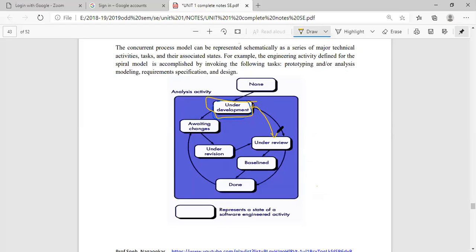It means the team leader will take that module and test it, and baseline it. It means he is trying to finalize that module, and then finally it will go to done. So this is the cycle repeated when your module is designed perfectly and working properly.